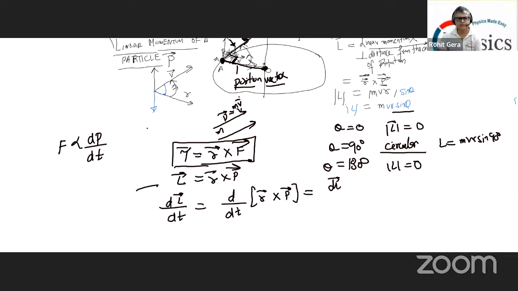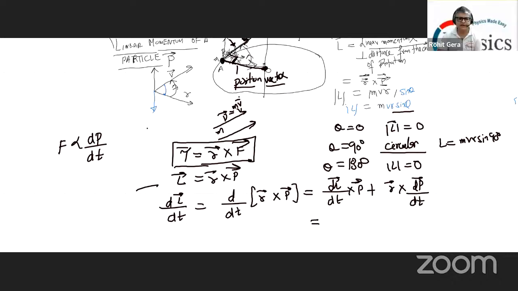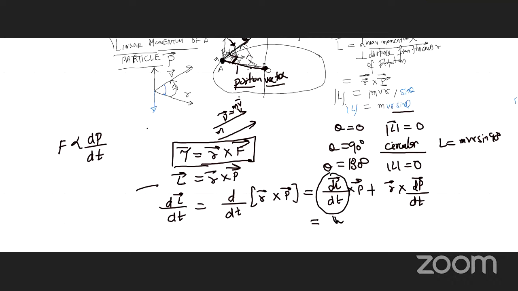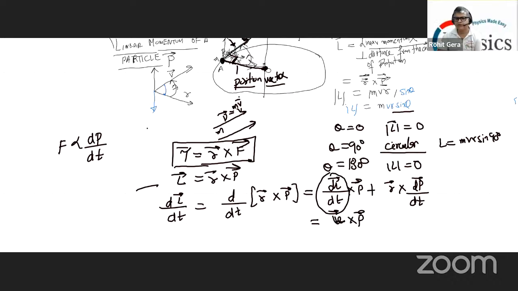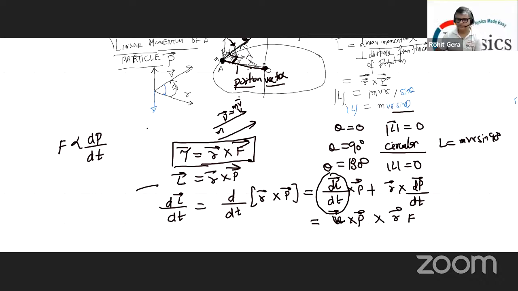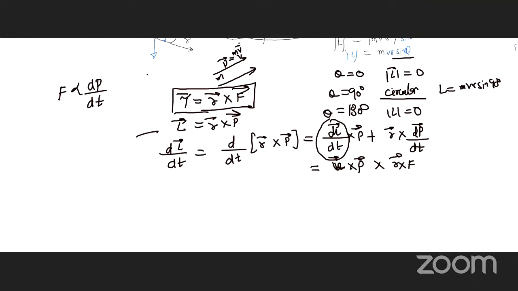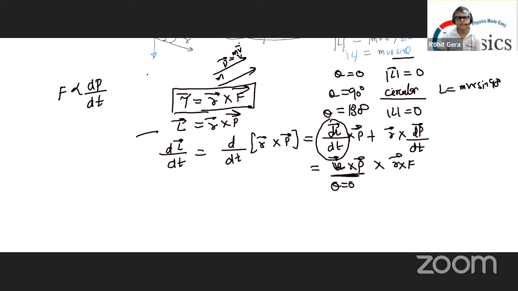dr by dt multiplied by P plus R into dp by dt. dr by dt is the instantaneous velocity, multiplied by the momentum, plus R into dp by dt, which is force, R cross F. This will give you the torque. See the direction of V and P: theta is equal to 0 degrees, velocity and momentum are in the same direction, so the cross product is 0.